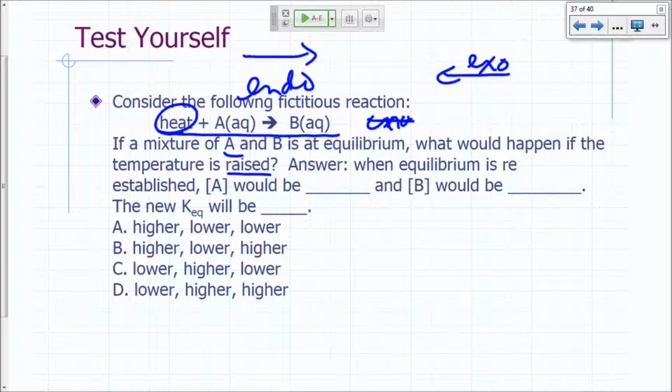Well, when the equilibrium is reestablished, A would be what? Which way will it shift? Shift to the right. So A would be lower or higher? If it shifts to the right, lower, and B would be higher, and the new KEQ will be higher. Okay?